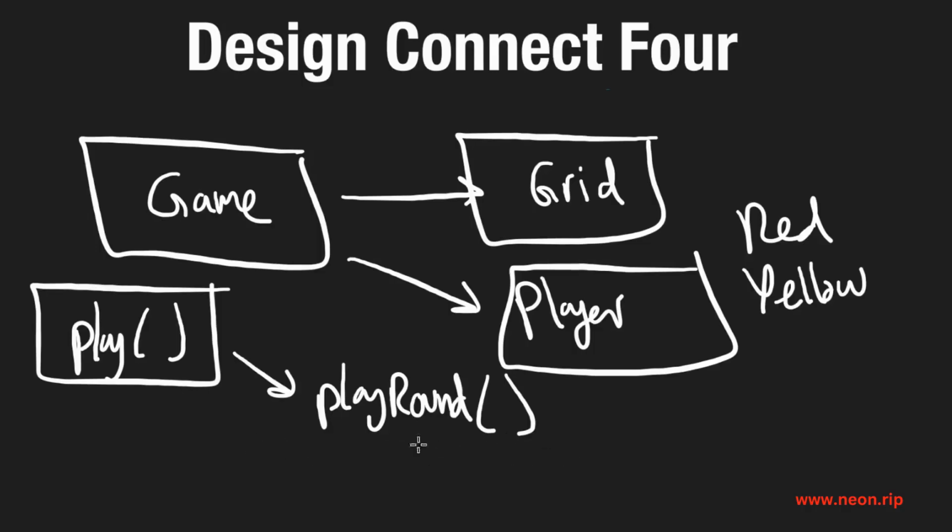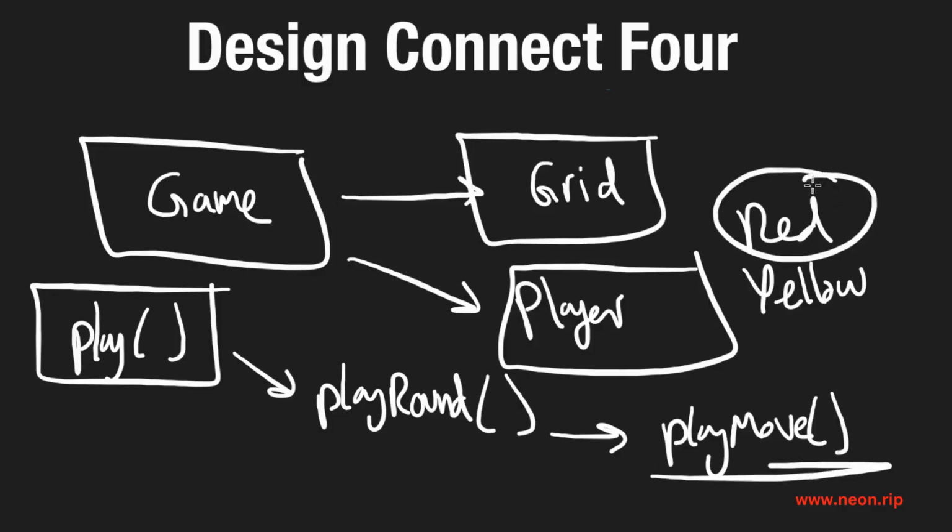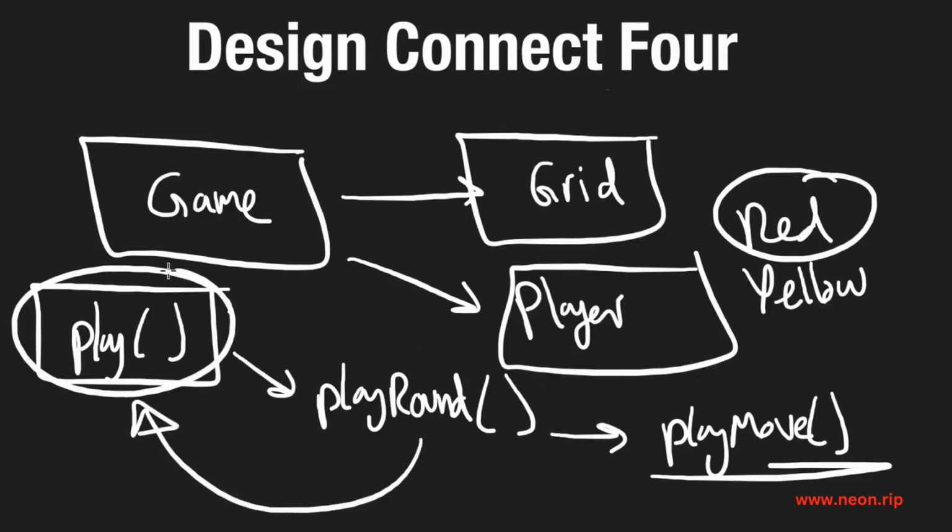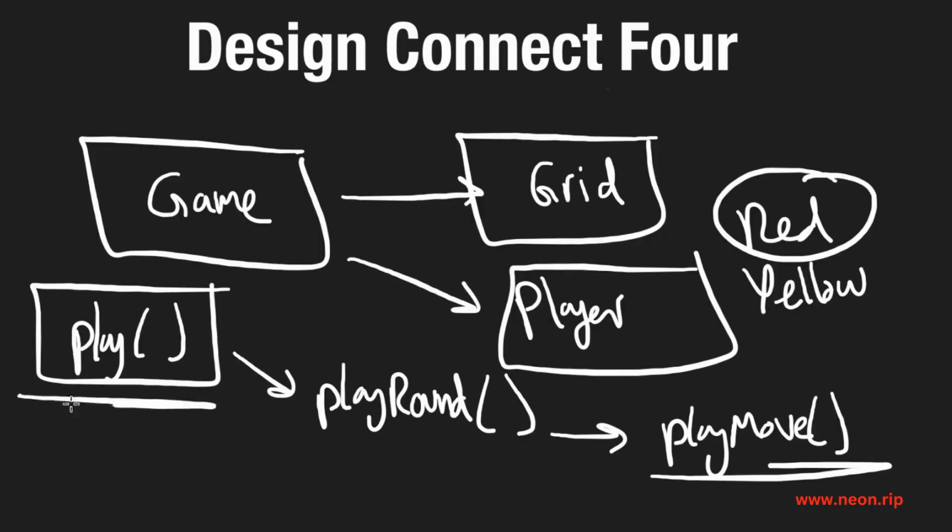So this could be a loop that's running play move. And this play move will basically get input from the red player, then play that move, and get input from the yellow player and play that move until the round is over. And then the play method will update the score. We'll either play another round, or if we've reached the target score, the play method will basically complete. So now let's take a look at the code.